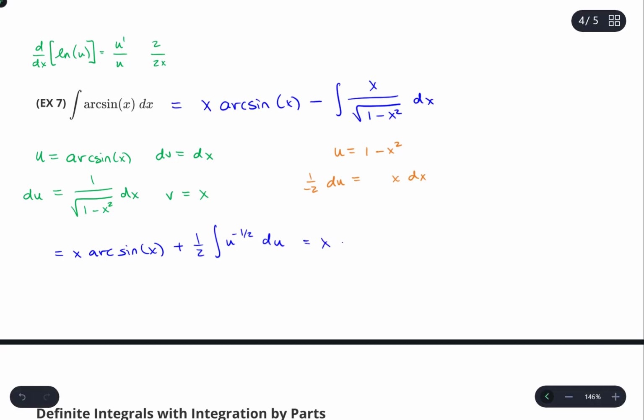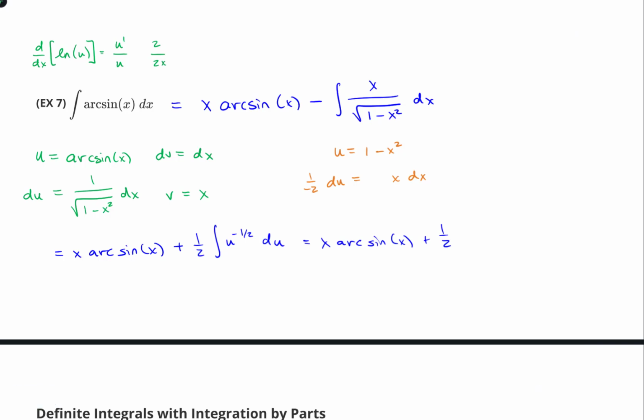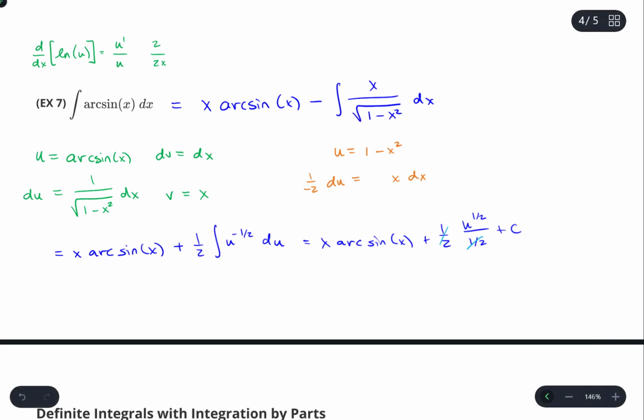Then we have x arcsine x plus 1/2. The integral of u to the negative 1/2 power would be u to the 1/2 over 1/2 plus c. And this actually ends up being a multiplier of 2, which cancels with the factor of 1/2 over here. So we have our final answer, which is good because I'm pretty well out of space.